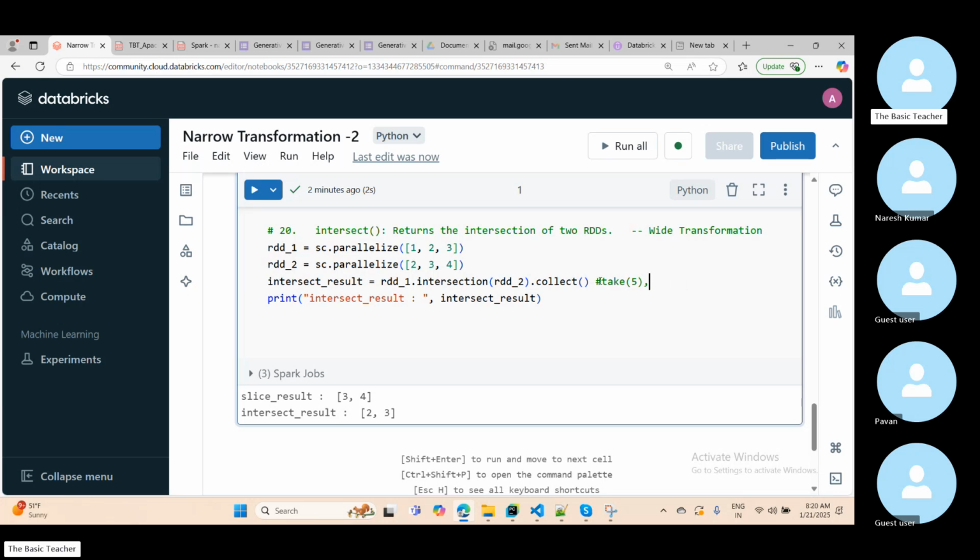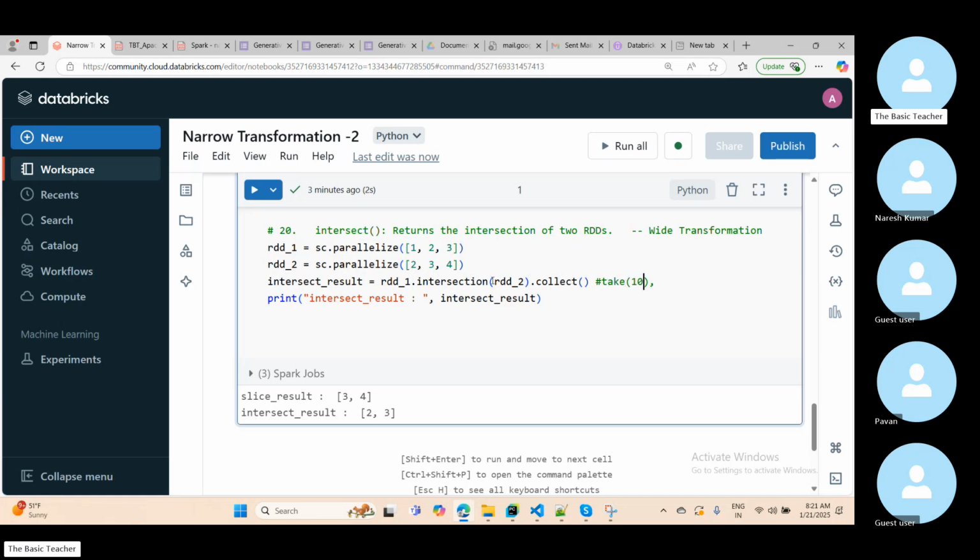So let's forget that. But if you want to take a sample for debugging purposes, let's say you are getting an intersection of some 1 lakh records, and out of those 1 lakh records, for debugging in the loggers you want to collect some elements. So you take, okay, let's take 5 or let's take 10, so you can debug whether this is as per expectation or not.